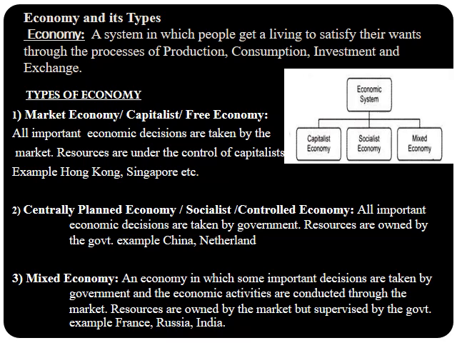In these types of economies, resources are owned by the government, and the government makes the decisions about production, consumption, and all economic activities. One more, mixed economy, an economy in which some important decisions are taken by the government and the economic activities are conducted through the market. Resources are owned by the market but supervised by the government. For example, India, Russia, France, these are all mixed economies.